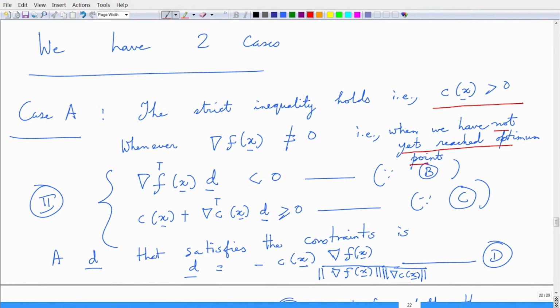Now, like the way we proceeded, a direction D that satisfies these constraints is given by D equal to minus C of x times del f of x upon norm del f times norm del C, and I call this equation D. We need to verify that this is holding true.